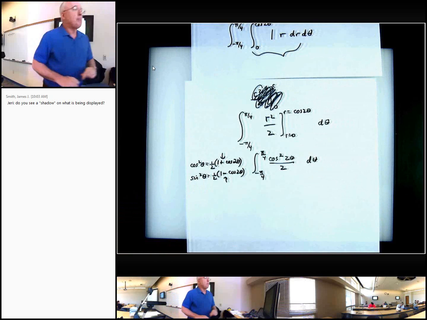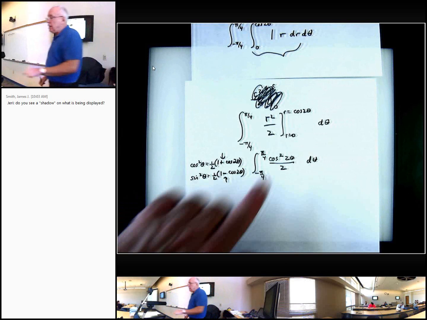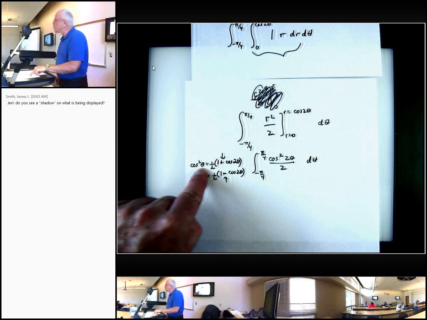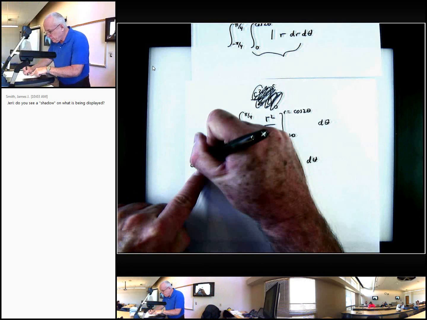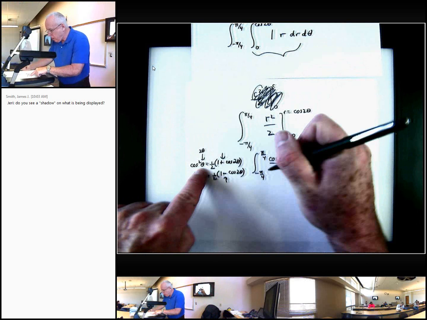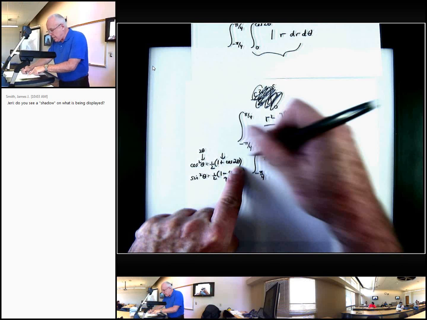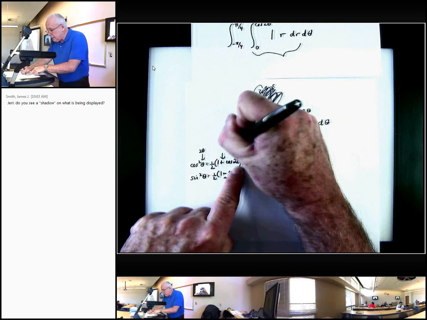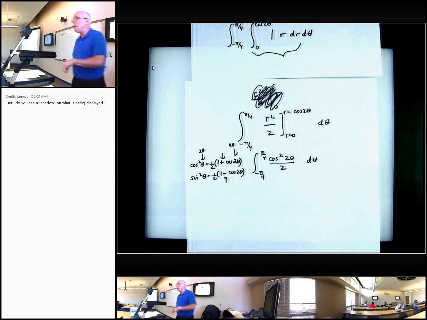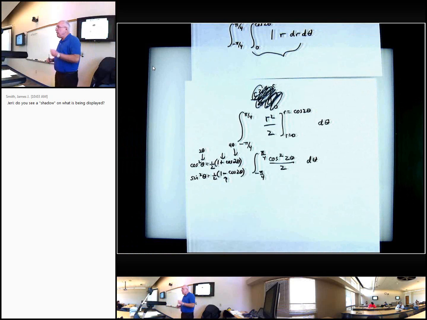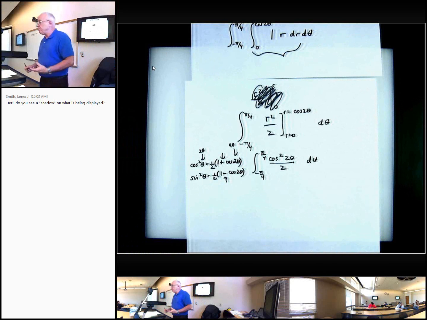Now this time around, we are given the cosine squared of 2 theta. So in this formula here, we have to double the angle, so we're now going to have 2 times 2, 4 theta in our formula.